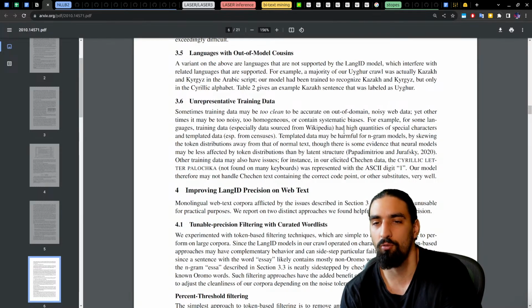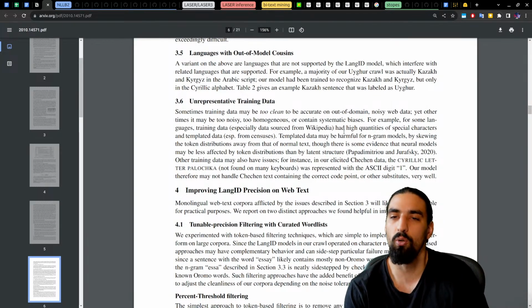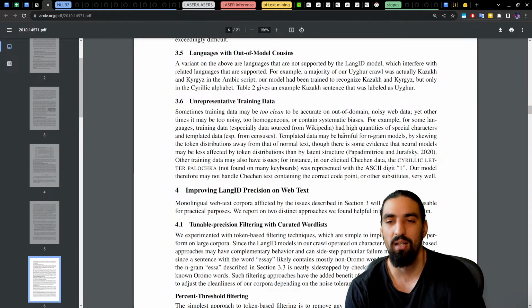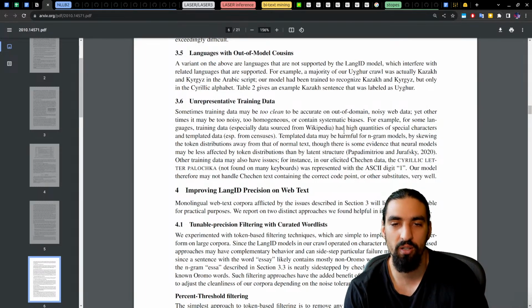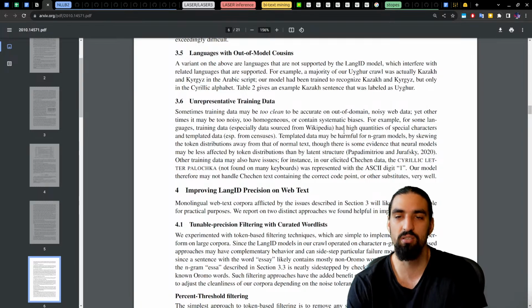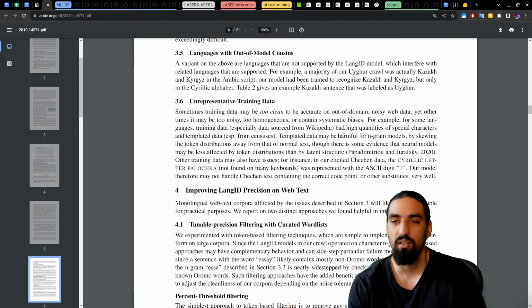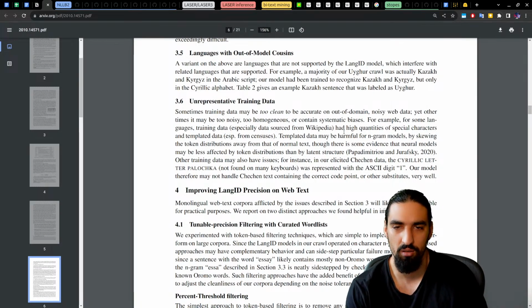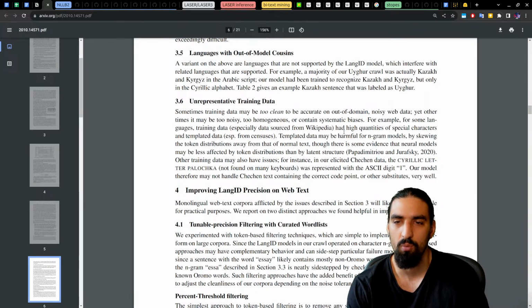Template data may be harmful for n-gram models by skewing the token distribution away from that of normal text, though there is some evidence that neural models may be less affected by token distributions than by latent structure. Other training data may also have issues. For instance, in our elicited check-in data, the Cyrillic letter Palochka, not found on many keyboards, was represented with the ASCII digit 1. Our model therefore may not handle check-in text containing the correct code point or other substitutes very well.